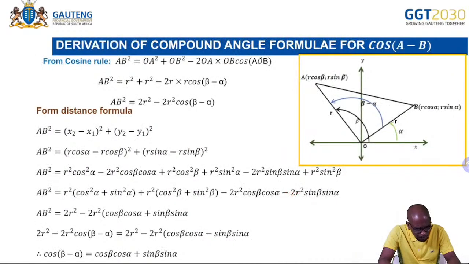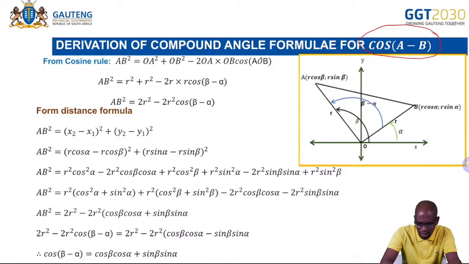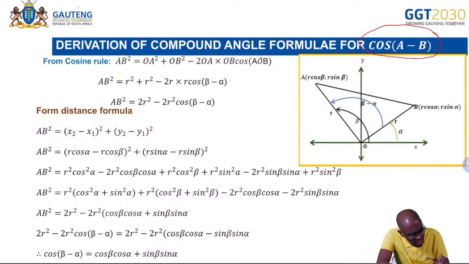Right, let us now look at the new concept, the grade 12 concept. That is the concept of the derivation of the compound angle formula. The compound angle formula. So we are going to be looking at this one. We are deriving the compound angle formula for a minus b. Why are we saying the angle is compound?